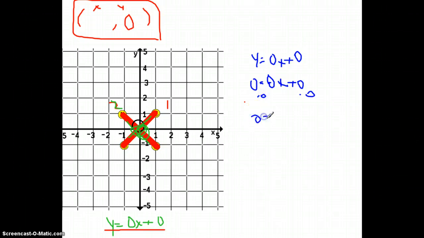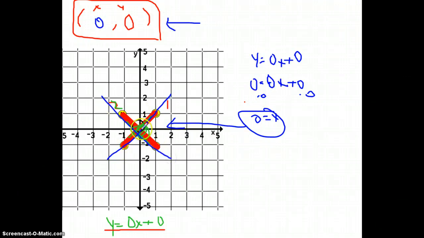You have 0 equals x. That's exactly what we were looking for, and we have 0 here, and that is our answer for y. When these two intersect, they will intersect at the point 0, 0, and that is your answer.